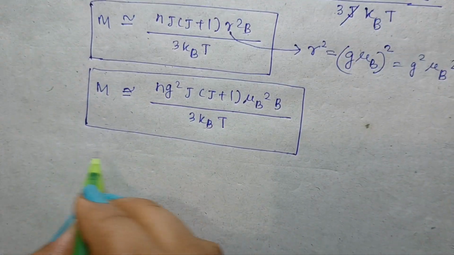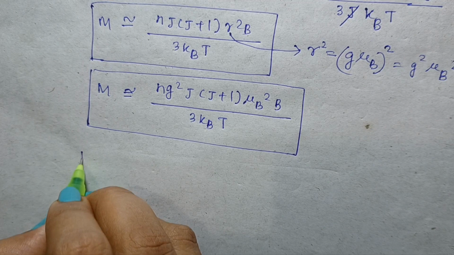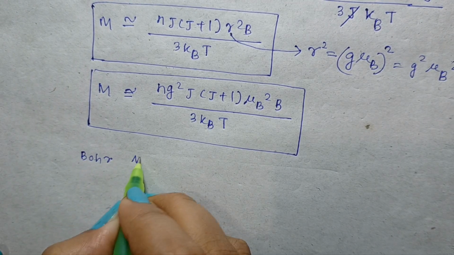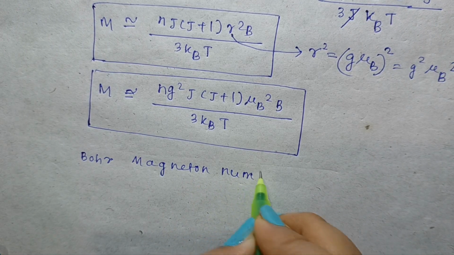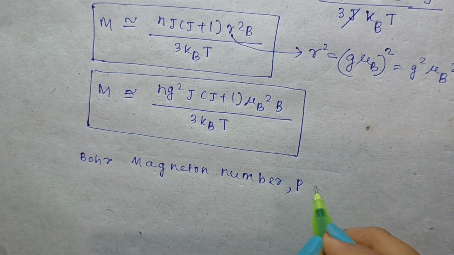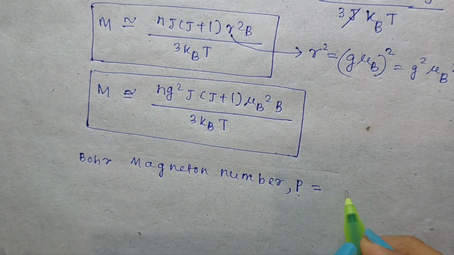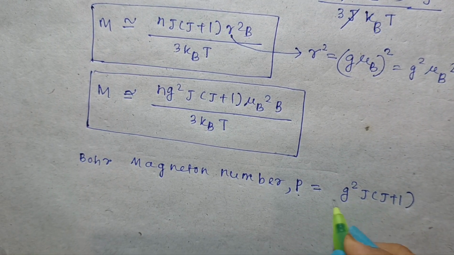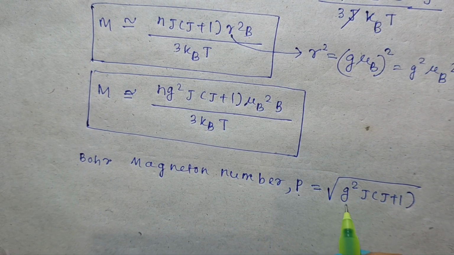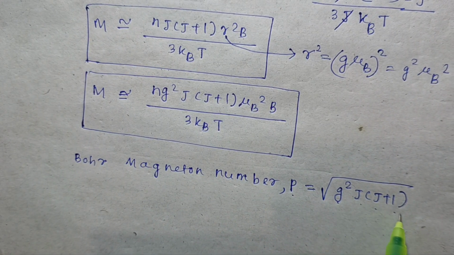And see, the factor, or Bohr magneton number, is P. Okay, and what is the value of P? P is the square root of g² j (j+1).